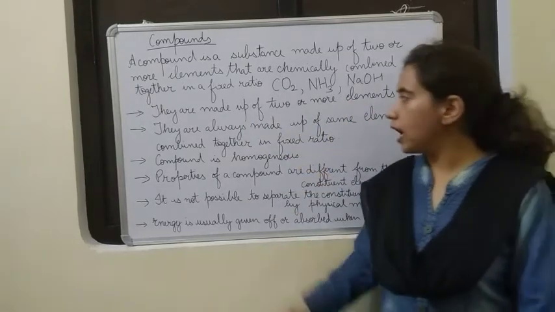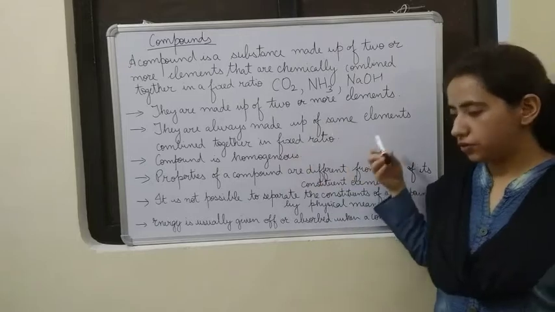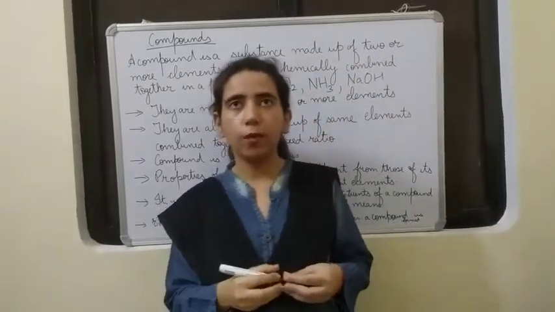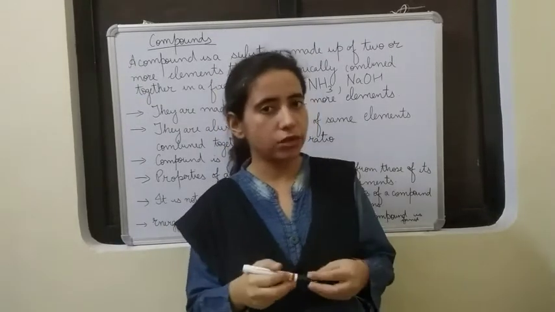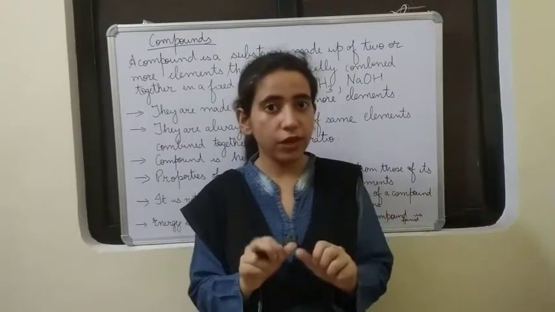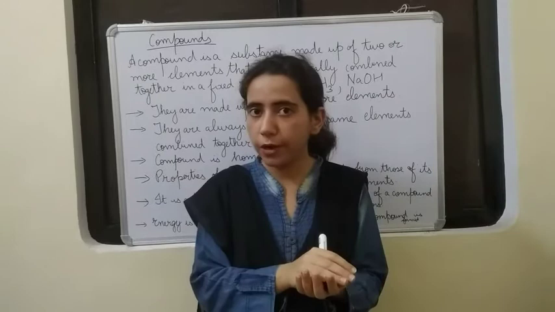Then the second one, they are always made up of the same elements combined together in a fixed ratio. What does that mean now? If we are studying a compound, suppose carbon dioxide, if we make carbon dioxide here in India, then we will take one carbon and two oxygen. They will combine to form carbon dioxide.